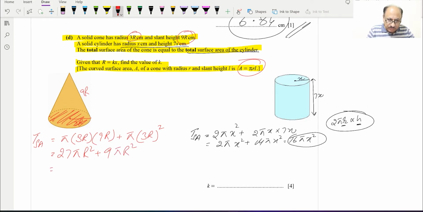Adding, we can write this as 36 pi r square.